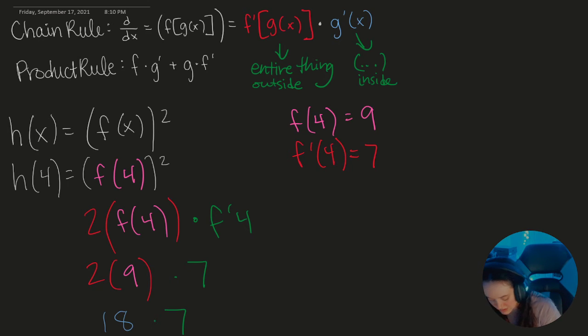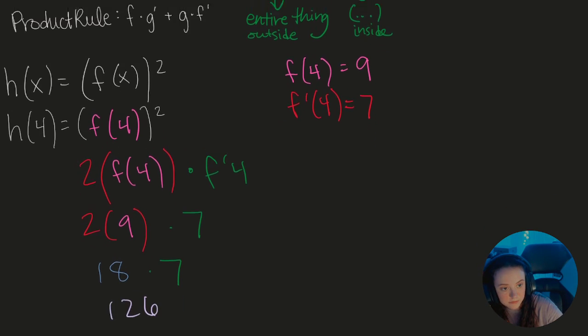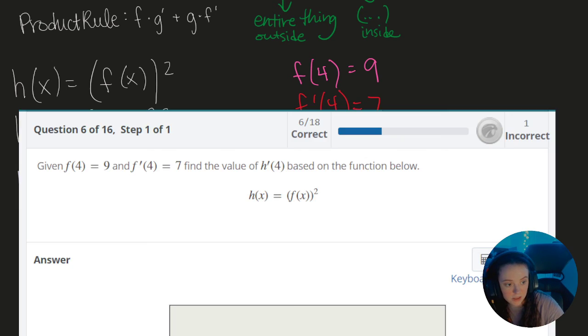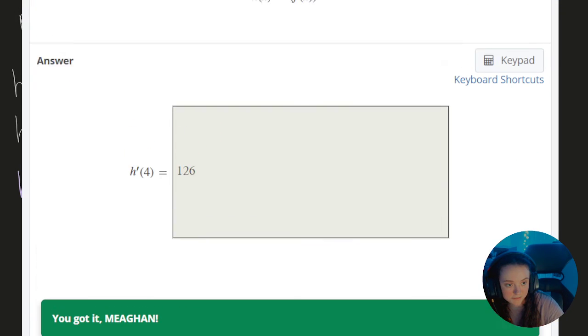And 18 times 7 is 126. That should be everything. So h prime, because we start working our prime right here, h prime should be 126. And that is in fact correct.